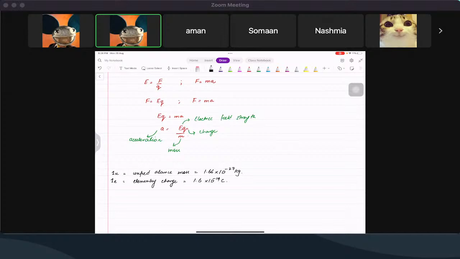You should know this too. It's also given. But the point is, why am I doing this right now? Oh, by the way, one more thing. A lot of times they will also use the mass of the electron. So that's also given, but it's good to remember: 9.11 times 10 raised to minus 31 kilograms.